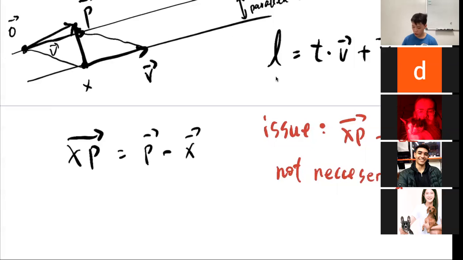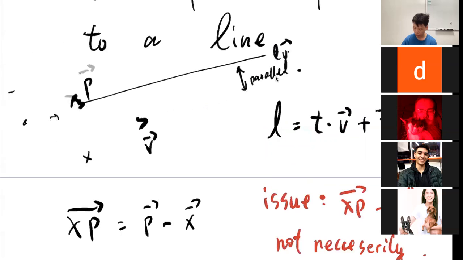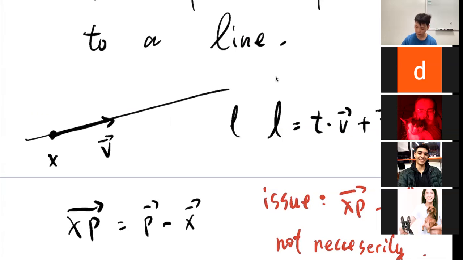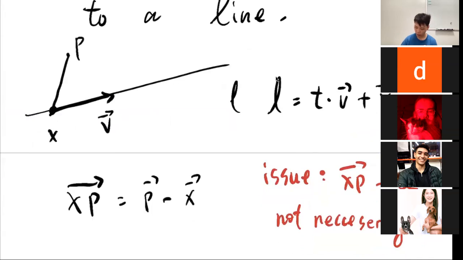To resolve this issue, we need to make sure this vector will be perpendicular. That's why we need the orthogonal projection. We draw this picture: L is given by X and V, and then P here. This is your vector XP.